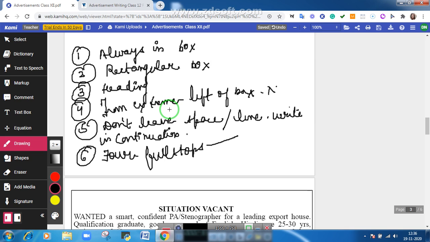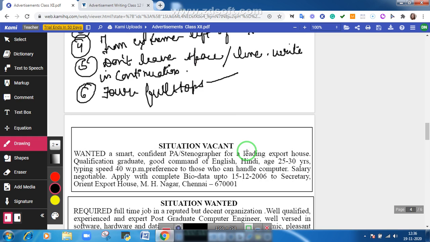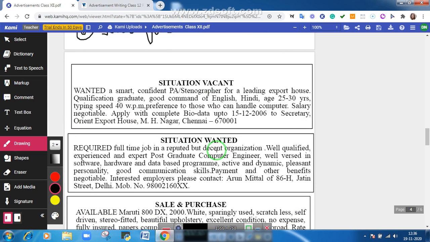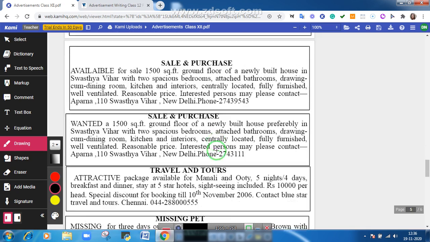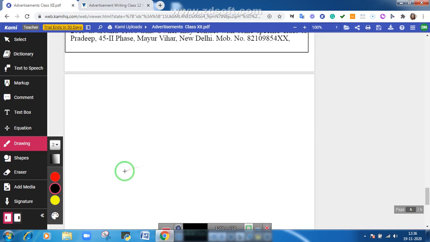Second, write in continuation only, just keep on writing what you are offering. For example, let's say that it is a car that you want to sell. So wanted or required, full stop, features, then full stop, then your rent expected, salary expected, or price expected, full stop, and then in the end, name, address, phone number. So that is how we always write.